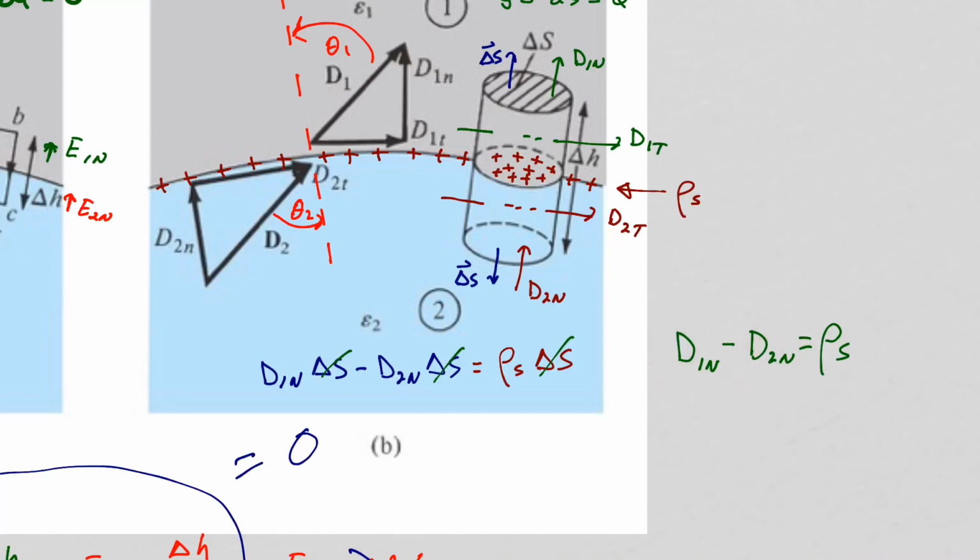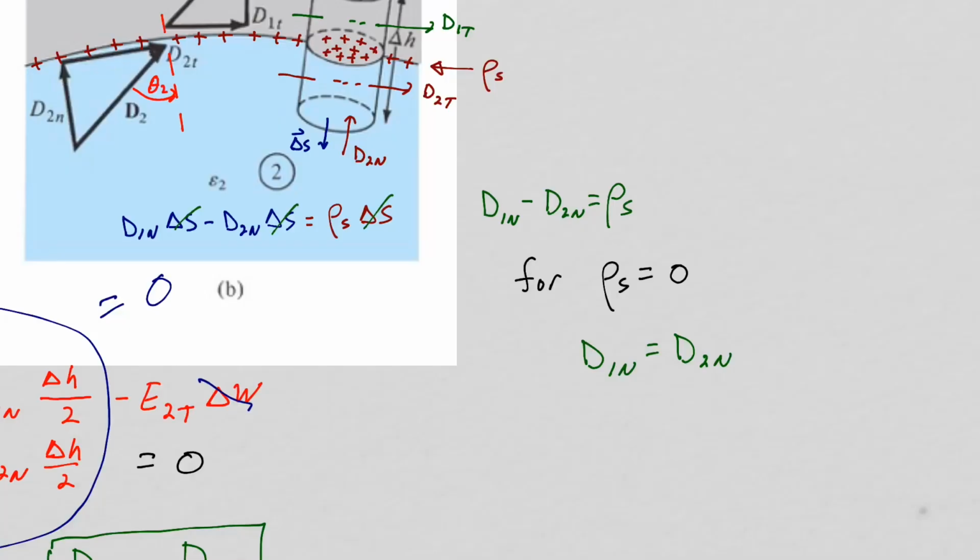For the case where there is no free surface charge at the boundary between the two dielectrics, so rho sub s is 0, the normal components of the electric flux density field on the two sides of the boundary are the same, which means the normal components of the electric field intensity will be discontinuous, that discontinuity being determined by the permittivities of the two materials.